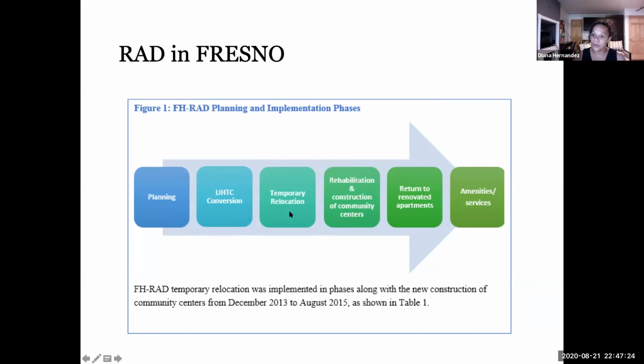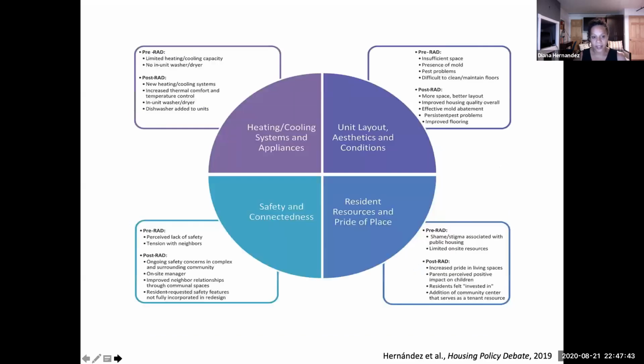There's the temporary relocation where residents are placed somewhere else. There's the rehabilitation and construction of community centers. So really introducing the idea of services and amenities within the housing complex. And then a return to a renovated unit, and then being able to experience and enjoy these amenities and services.